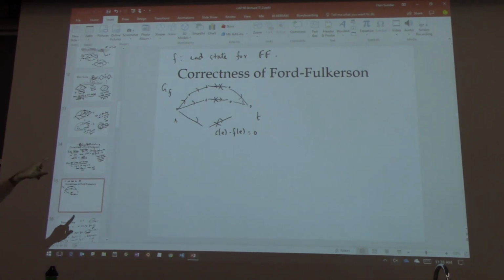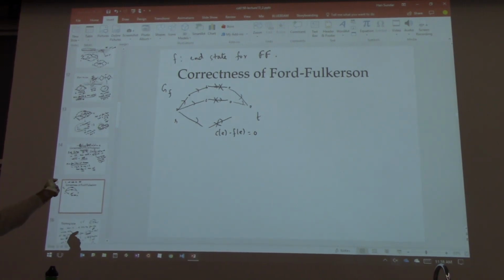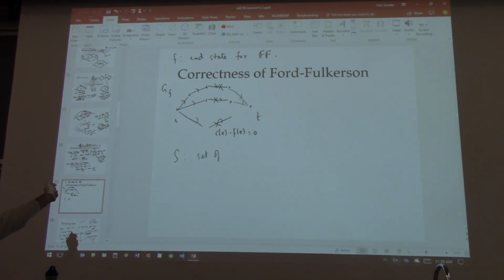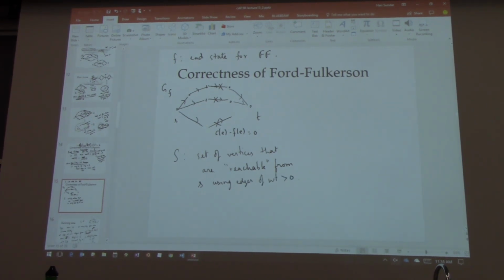Now I want to define a ball the same way I did before. Let's define capital S to be the set of vertices that are reachable from S using edges of weight more than 0, of capacity minus flow.